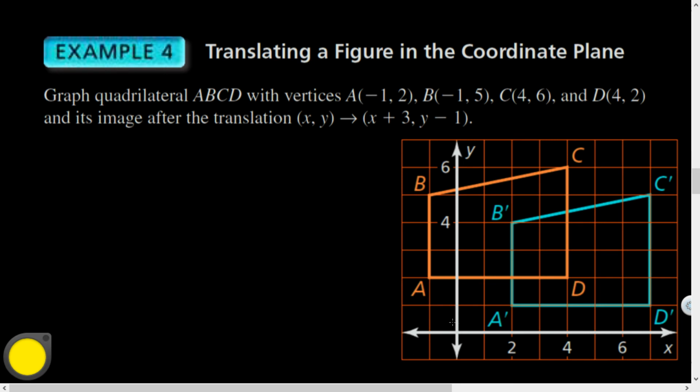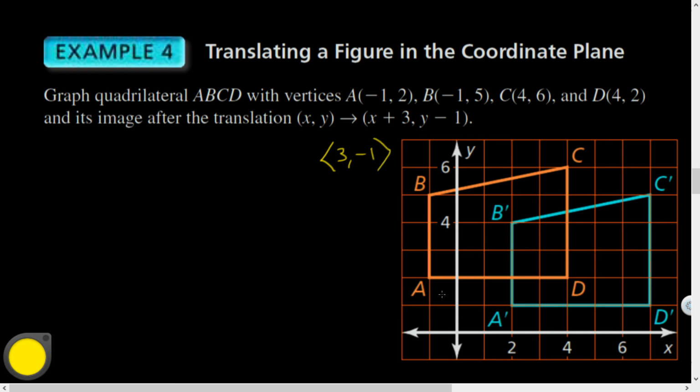Plotting A would have been left 1 up 2, B would have been left 1 up 5, C was over 4 up 6 from the origin, and D was over 4 up 2. And now it says translate it by the value plus 3 minus 1. So that's kind of like doing the vector 3 comma negative 1.